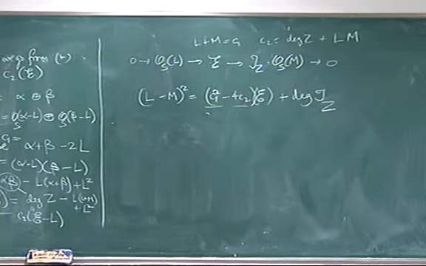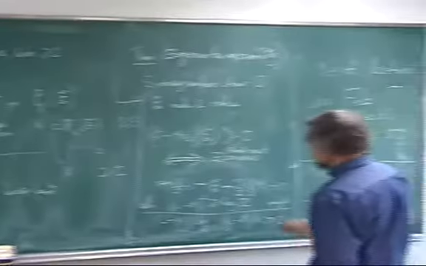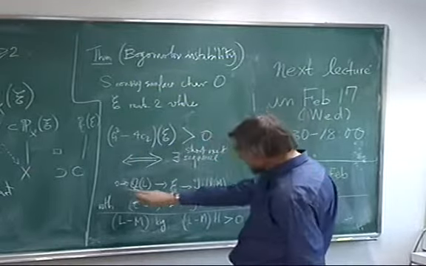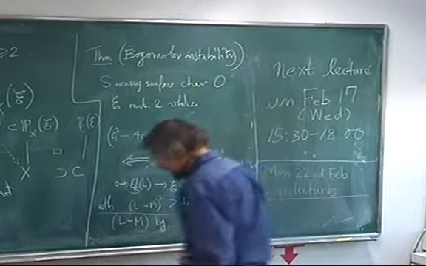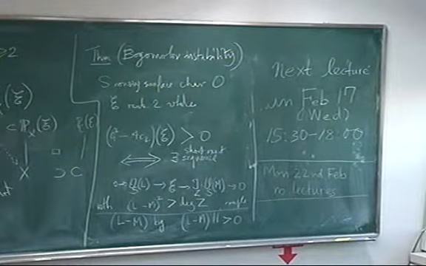This condition here and any sequence here implies this. So why on earth does there exist a sequence with L and M, with L bigger than M?